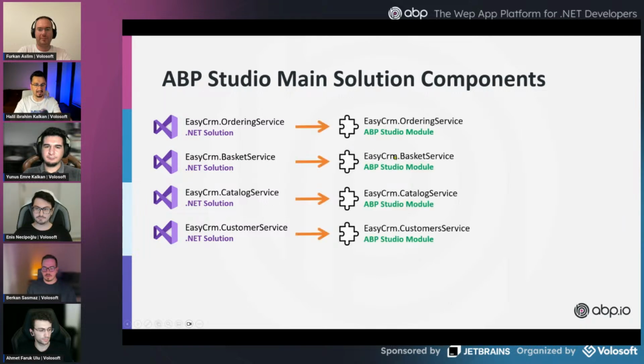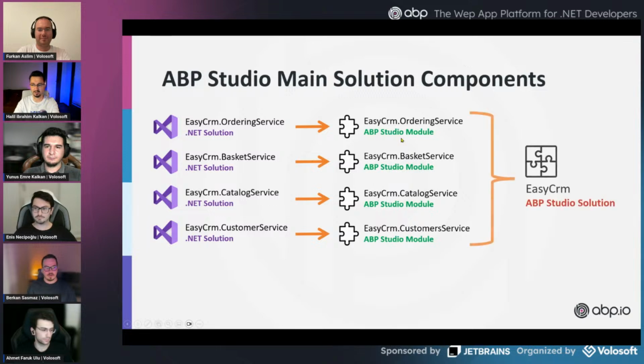But a .NET solution is actually called a module in ABP Studio because it's a part of a larger solution. So we call it an ABP Studio solution. So one ABP Studio solution contains one or multiple .NET solutions.